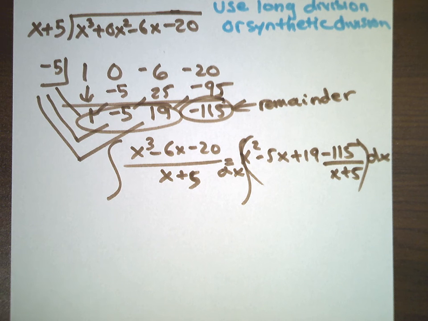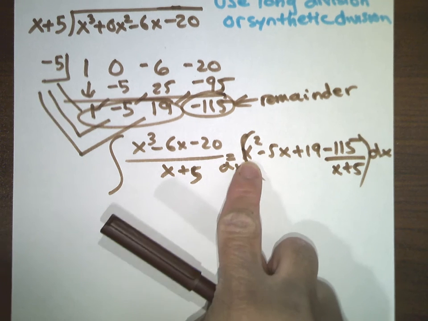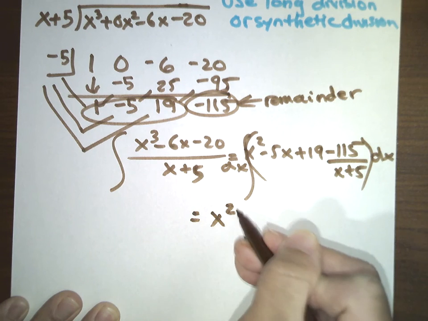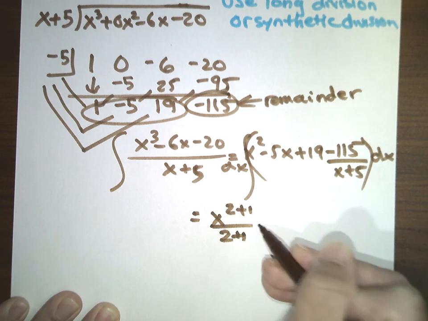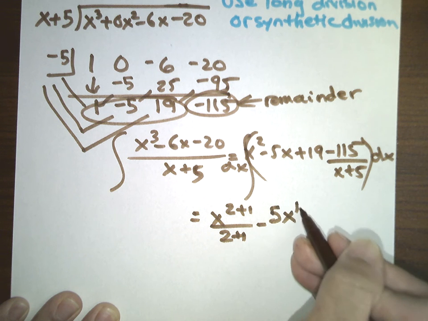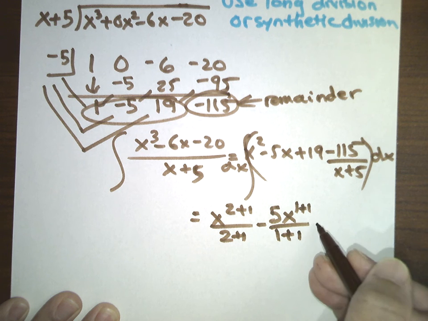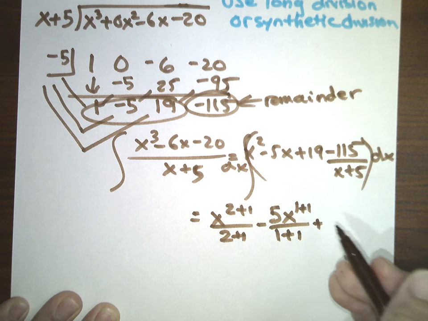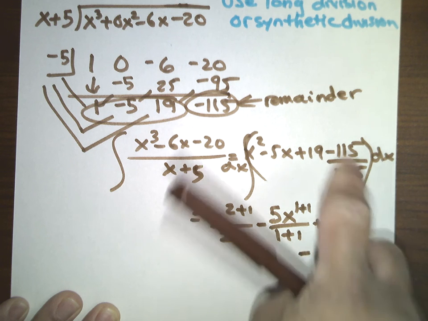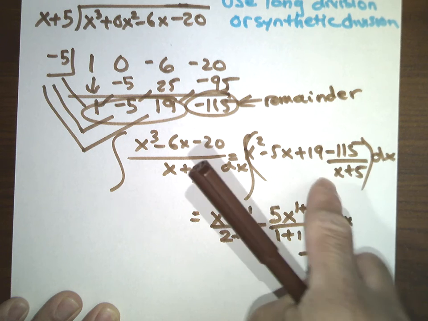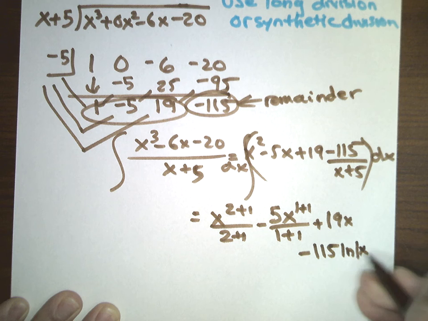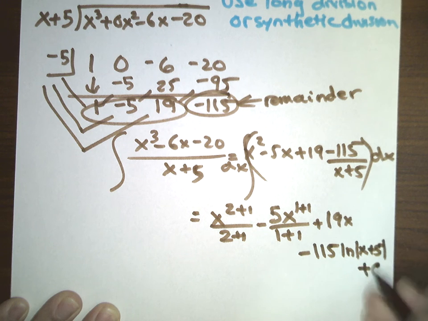So now I just find each of these antiderivatives. The antiderivative of x squared is x to the 2 plus 1 over 2 plus 1. Then the antiderivative of the 5x is x to the 1 plus 1 over 1 plus 1. And the antiderivative of the 19 is 19x, and then the antiderivative of the negative 115 over x plus 5 is minus 115 natural log of x plus 5 in absolute value plus c.